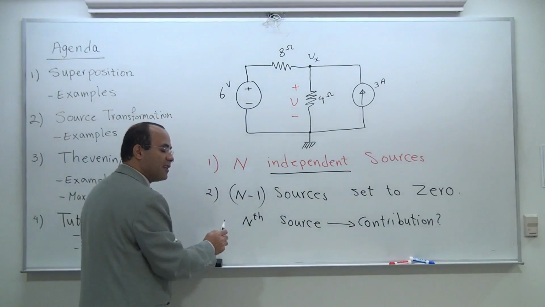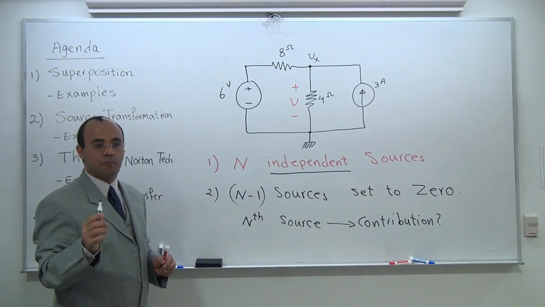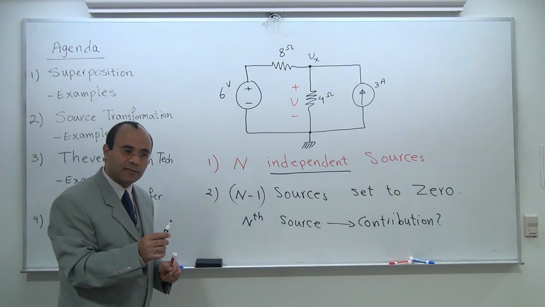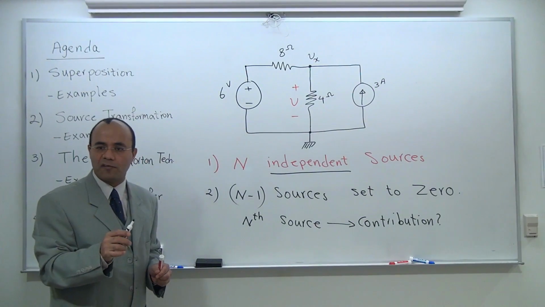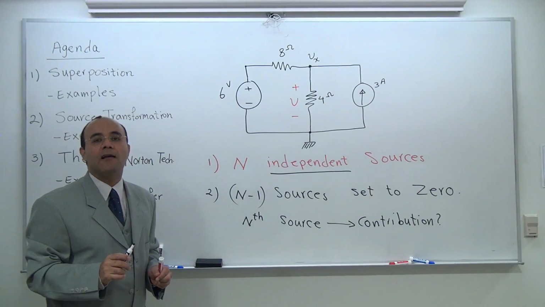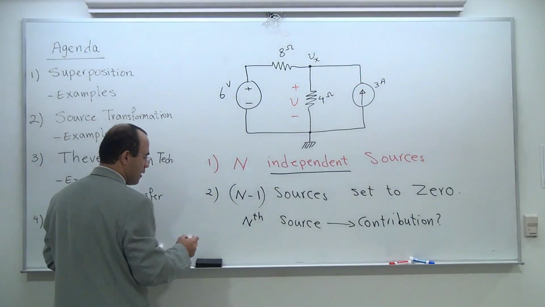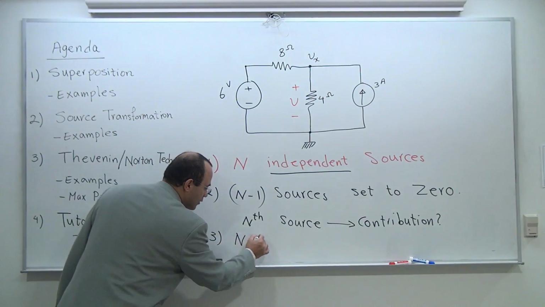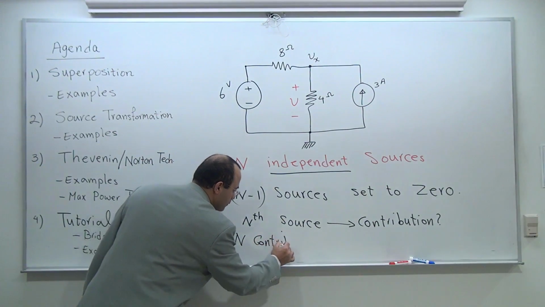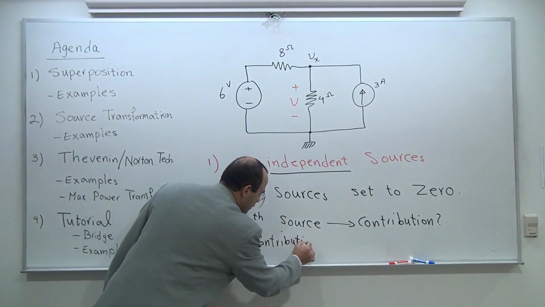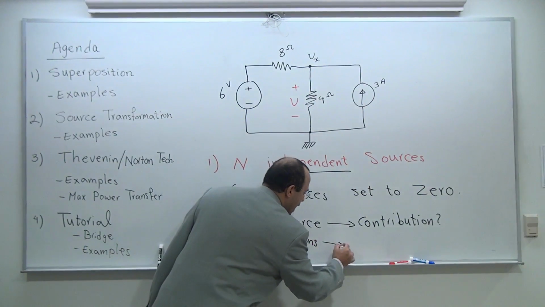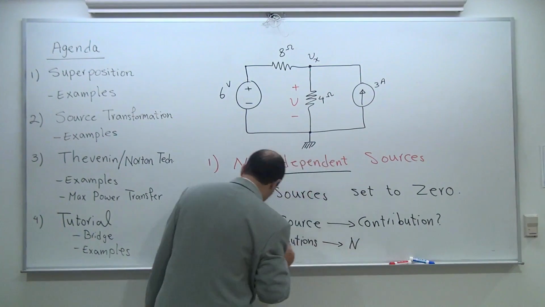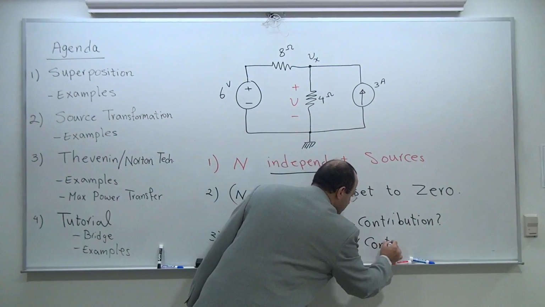So I'm going to see n different topologies, and through each topology, I'm going to find the contribution of that specific source on that specific variable of interest. So at the end of the day, when I have n contributions, I'm going to have all n contributions summed up.